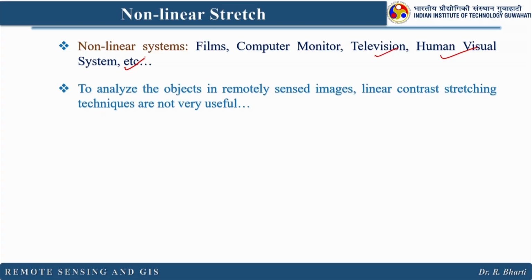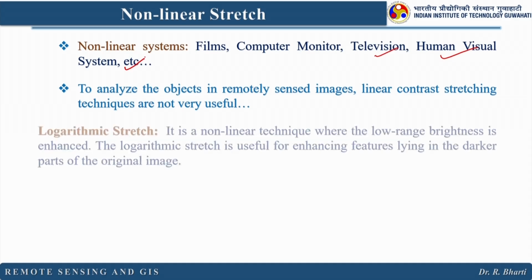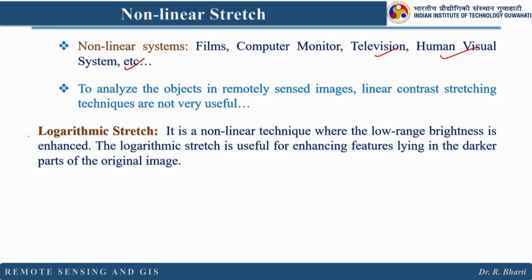To analyze objects in a remotely sensed image, linear contrast stretching techniques are not very useful. Why, we have already discussed. Then let us start the non-linear stretching. This is the first method, which is called logarithmic stretch.